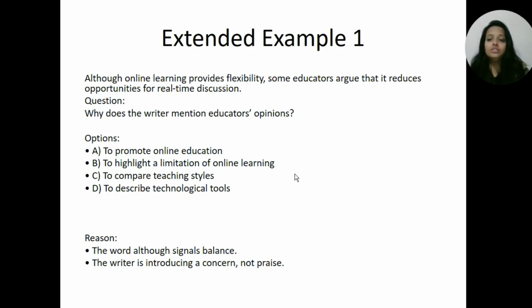The question is, why does the writer mention educators' opinions? The options are: to promote online education, to highlight a limitation of online learning, to compare teaching styles, to describe technological tools. And the right option is option B, because the word although signals the balance, right? The writer is introducing a concern, not a praise here.